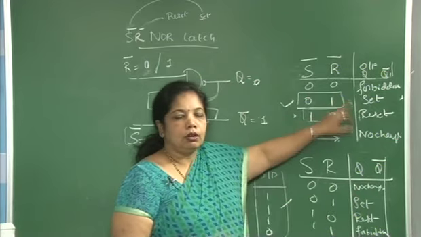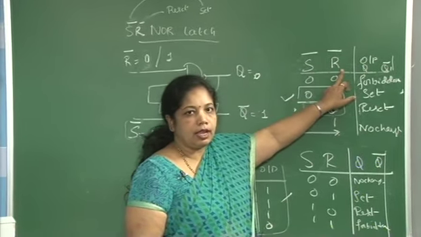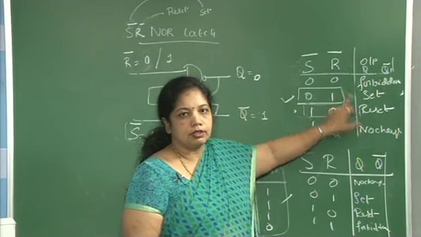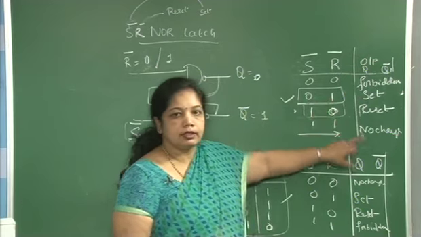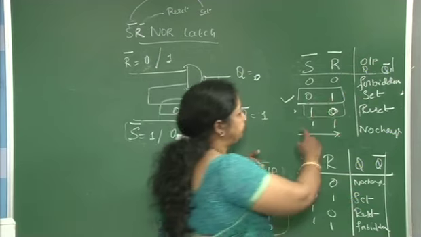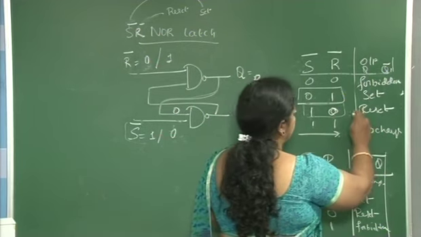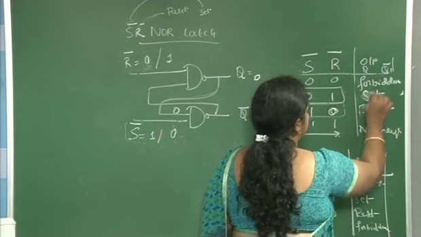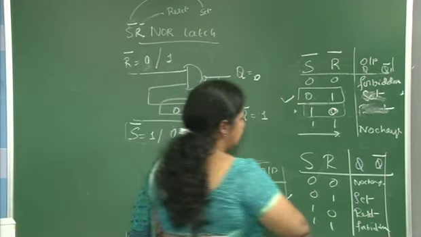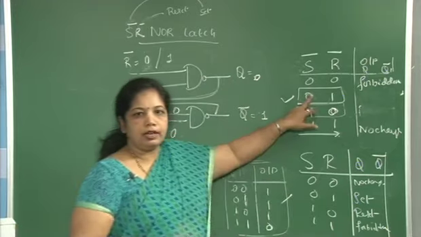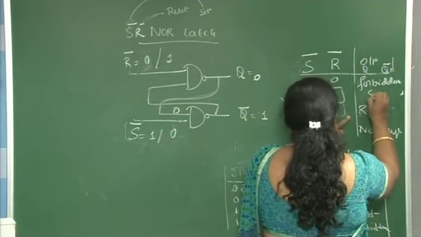If you observe both truth tables of the SR and the S complement R complement latch, you can see it is just complemented, the reverse. Wherever you see the set condition for 0 and 1, it is the reset condition over here. If S is 1 and R is 0, it is the reset condition and it is the set condition.